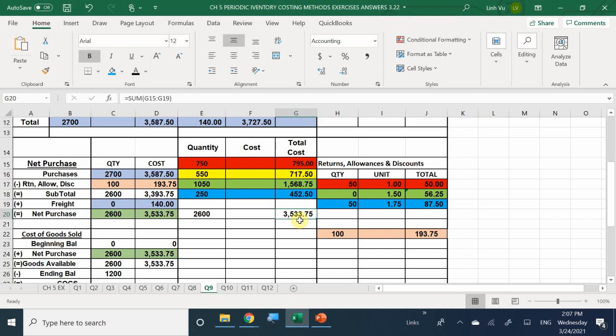Okay? We don't care how much the freight was. We don't care how much we originally purchased it for, because at this point, it's like, for example, we buy water bottles from the grocery store. You're not going to charge a high price because it says it's a high price. You're not going to charge a low price because it says it's a low price.